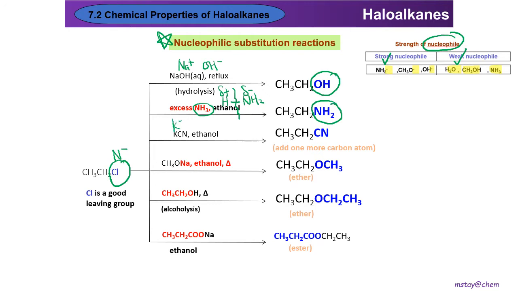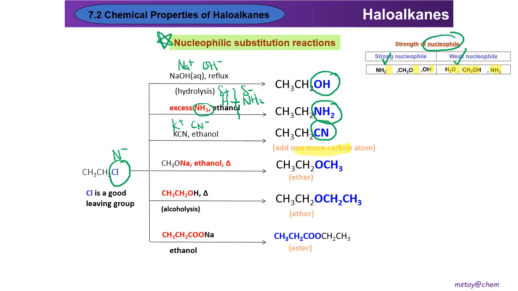KCN will produce K+ and CN-, so CN will replace the halogen. Keep in mind that if the haloalkane reacts with KCN, there will be one more carbon atom.